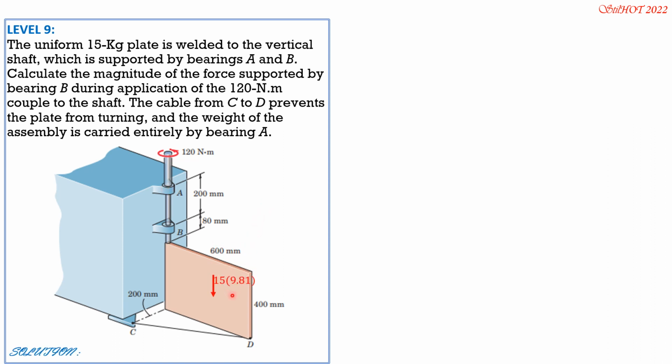So we have 15 times 9.81 at the center for the weight of this plate. Then reactions, tension at C and D. Let's have this orientation as our guide. So tension CD is the magnitude of tension CD going X 0.2 meter, then along Y negative 0.6.